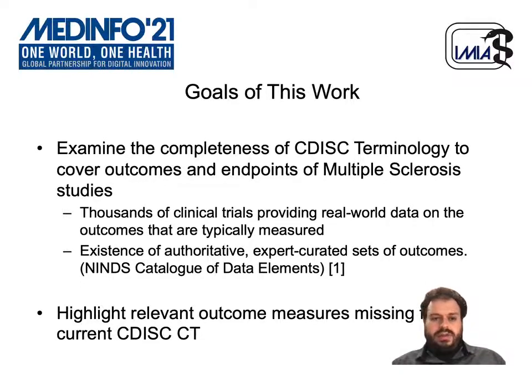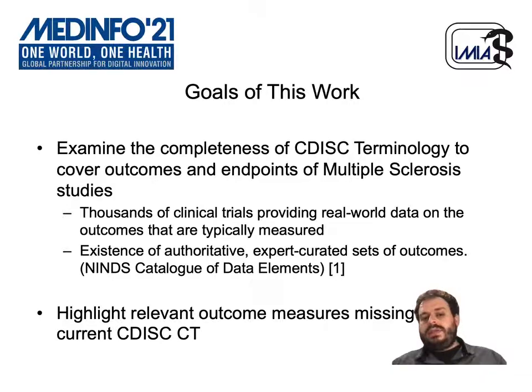What we have attempted to do is to examine the completeness of the CDISC terminology in relation to outcomes and endpoints of multiple sclerosis studies. Why multiple sclerosis? Well, it's an important condition, and it's been the subject of thousands of clinical trials. This means that we have a lot of real-world data about what multiple sclerosis trials typically measure, what are the typical outcomes and endpoints.